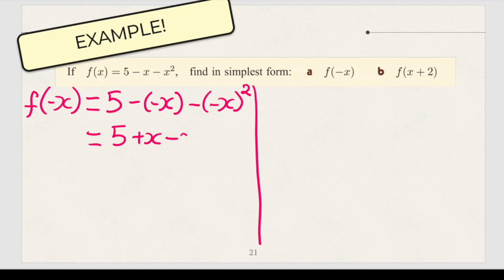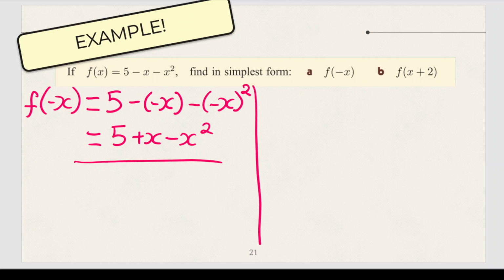So we are taking away x squared. We can't reduce it anymore. So that is what we've got. So our function of negative x is 5 plus x take x squared.